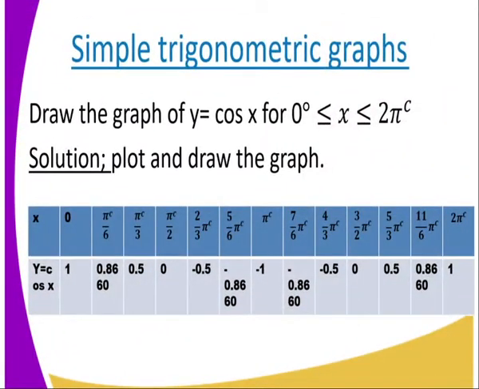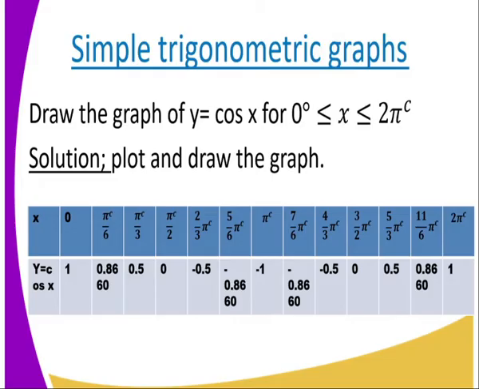Let us take another example. Draw the graph of y is equal to cos x for the values of 0 degrees to 2 pi radians. Solution, I'm supposed to draw the table, then from there plot them and then draw the graph.